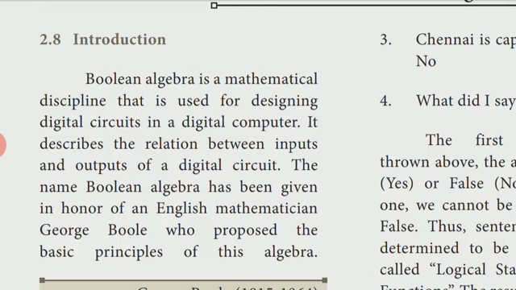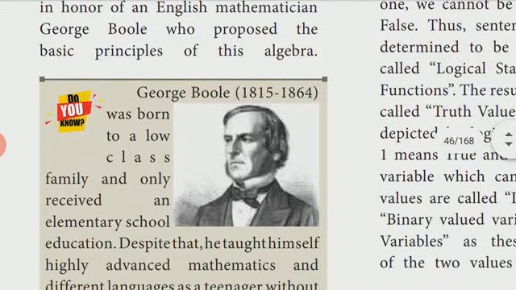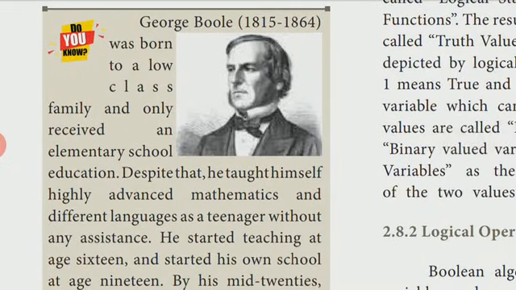Basically, he is a mathematician and he started teaching at the age of 16, and at the age of 19 he started a school. He developed many mathematical principles, and now we call George Boole the father of Boolean algebra.